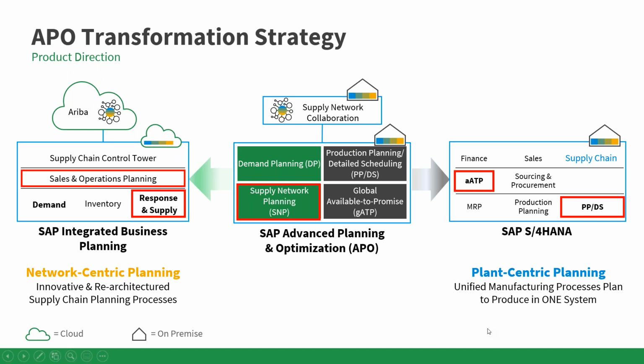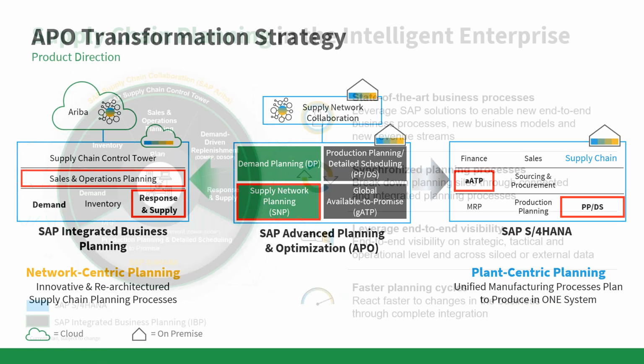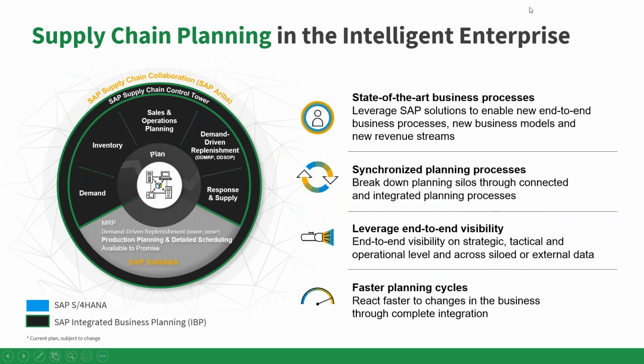Okay, let's go to the next slide. Just as a summary, this is how the supply chain planning solution overall enables intelligent enterprise planning. A lot of it I mentioned already. You see the major components of the IBP stack, which have been addressed in the previous sessions. Then we go into the S/4HANA stack and especially talk about production planning and ATP. But it's really not only about the single components you see.